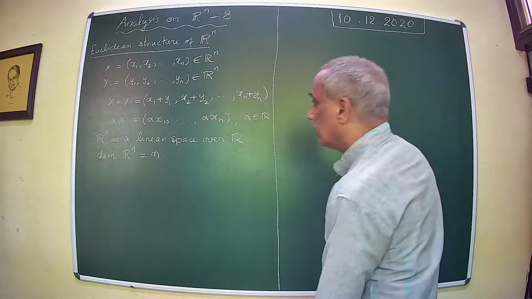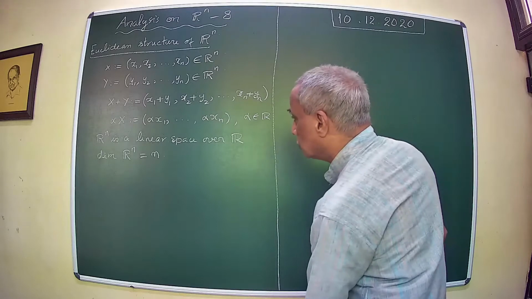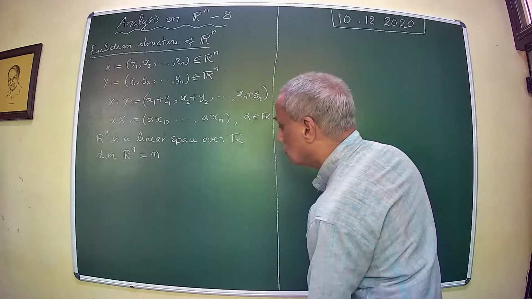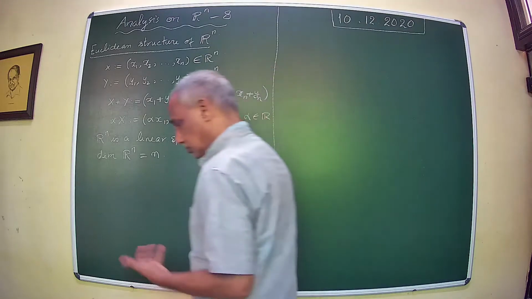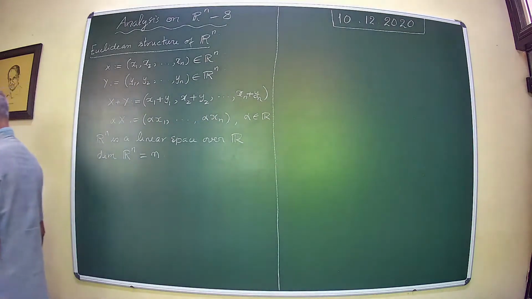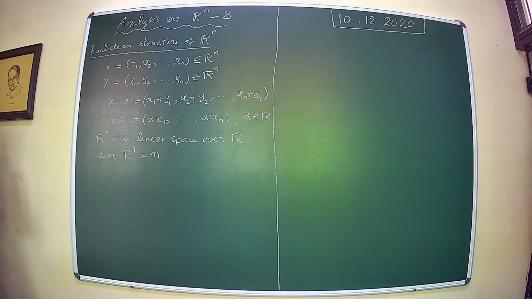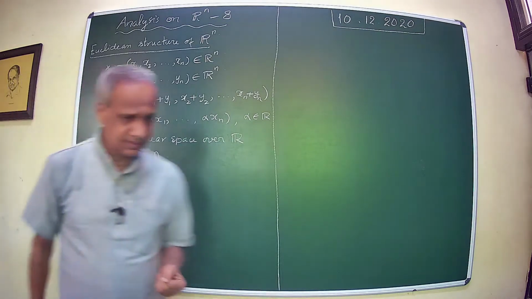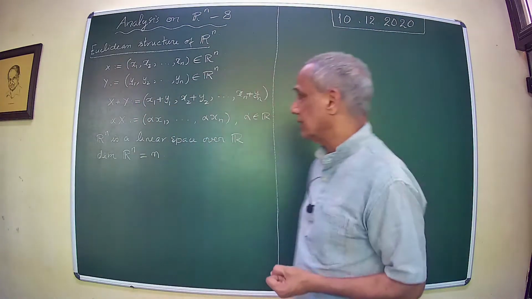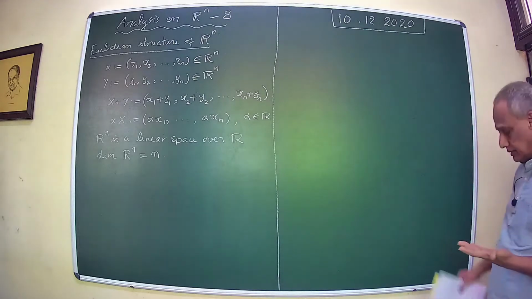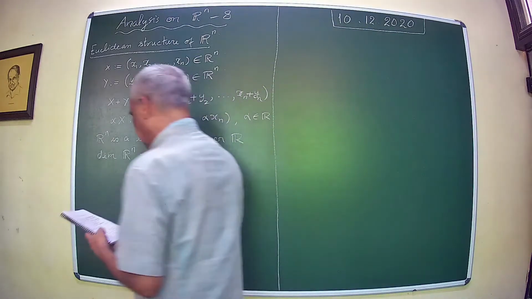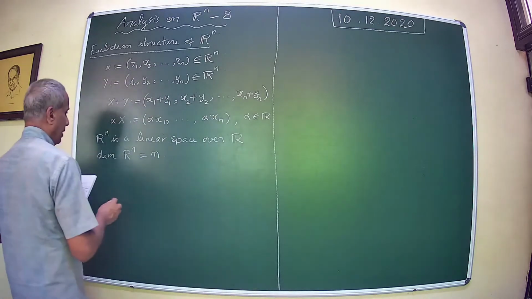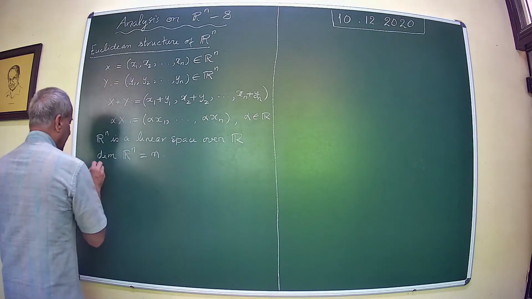Now we introduce two structures, two expressions. One is called the length of the vector, the other one is called the dot product. Or let me just write down the dot product.